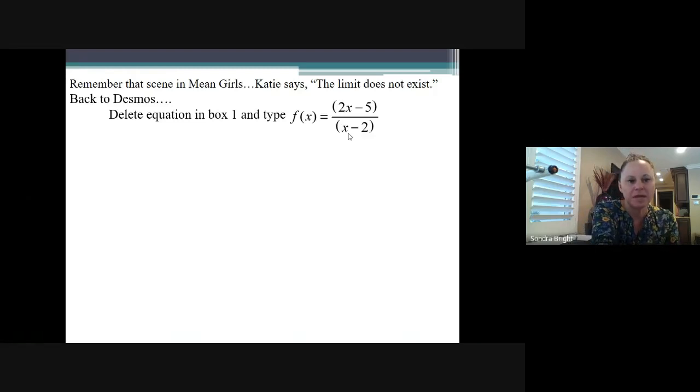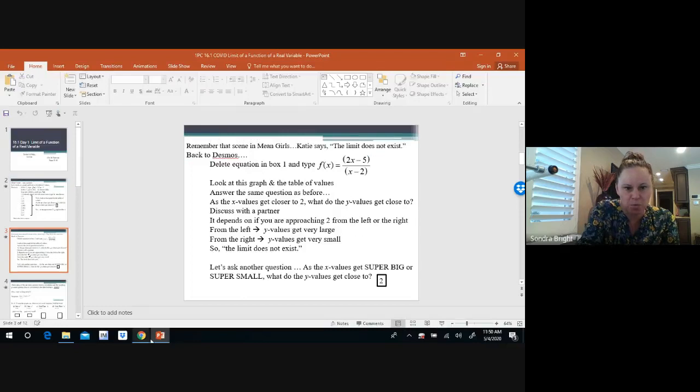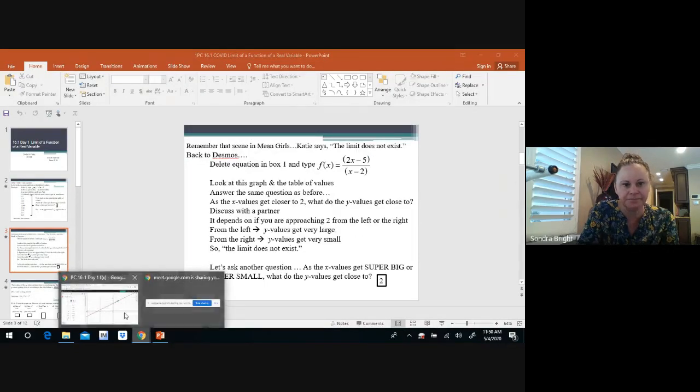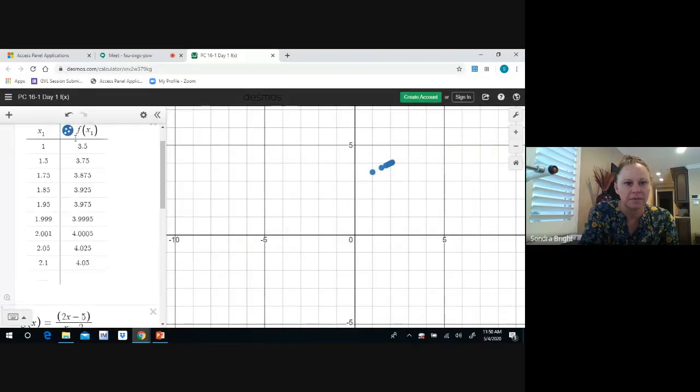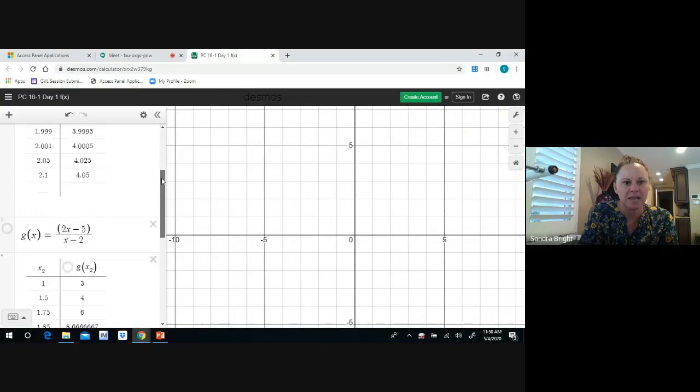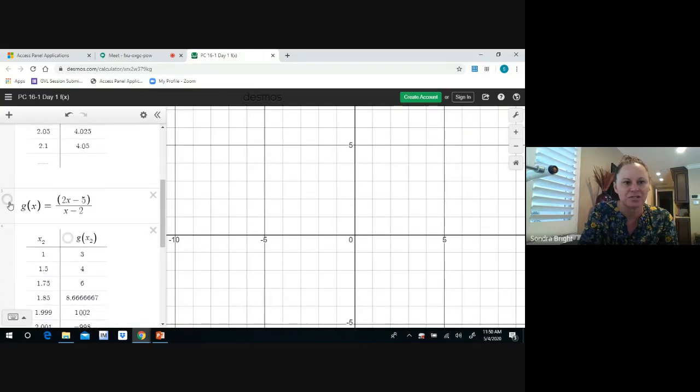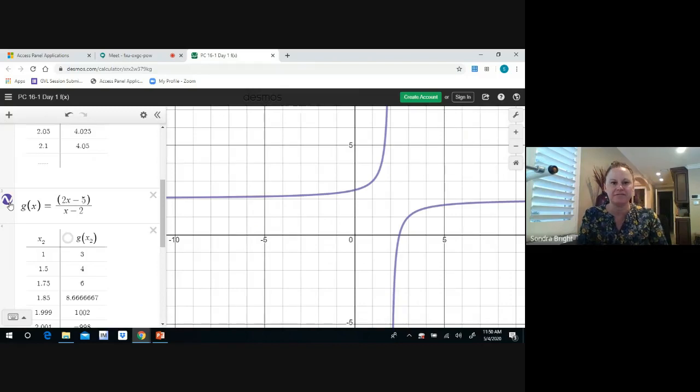All right, so I'm going to go back to Desmos, and I want to turn that one off too. Let's look at this graph of 2x minus 5 divided by x minus 2.